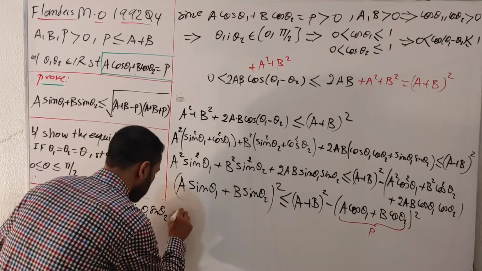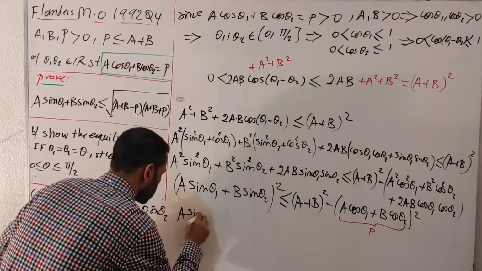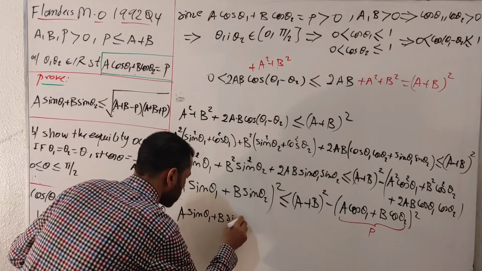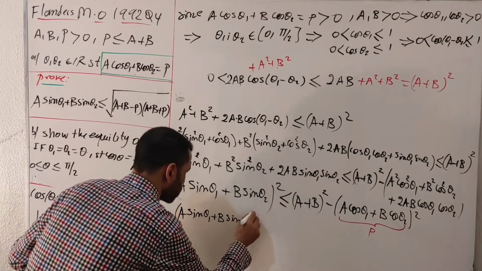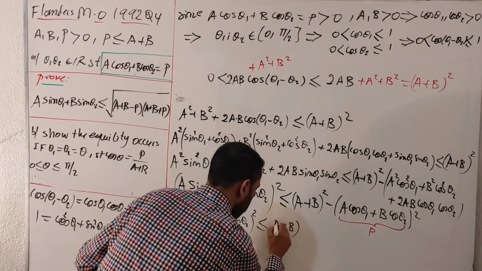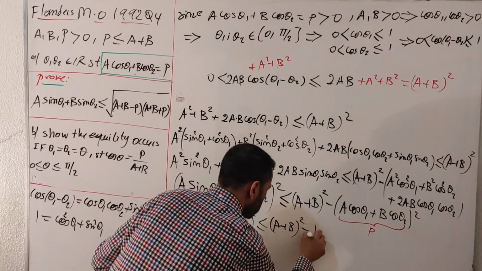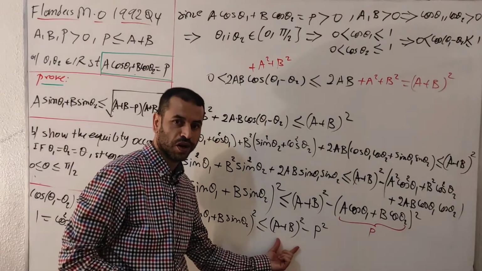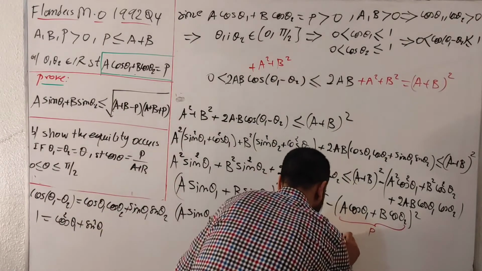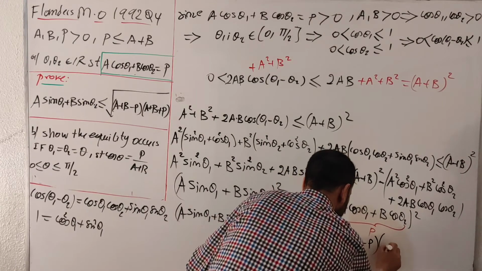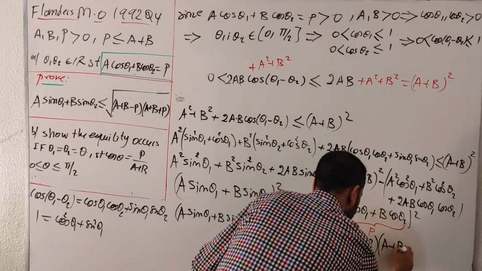I will have capital A multiplied by sine theta 1 plus B multiplied by sine theta 2 quantity square is inferior or equal to capital A plus capital B quantity square minus P square, okay? I have the difference of two squares. I'm going to factor out this one. I will have capital A plus capital B minus P factor capital A plus capital B plus P.